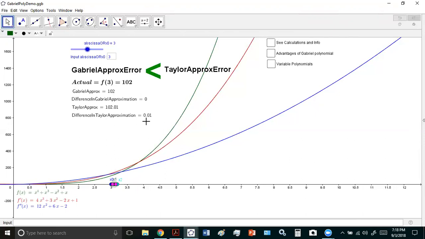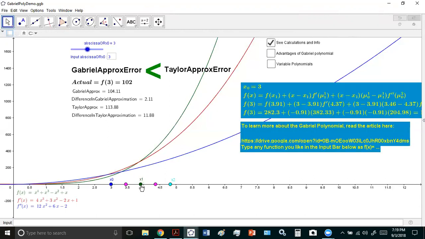So even with 0.01 as a difference, already the Gabriel polynomial has a correct value, and the Taylor approximation is still not the exact value. Obviously, if we move the green point on the zero, if we move the green point over the abscissa that we're trying to approximate the y value, then they'll be exactly the same, okay?